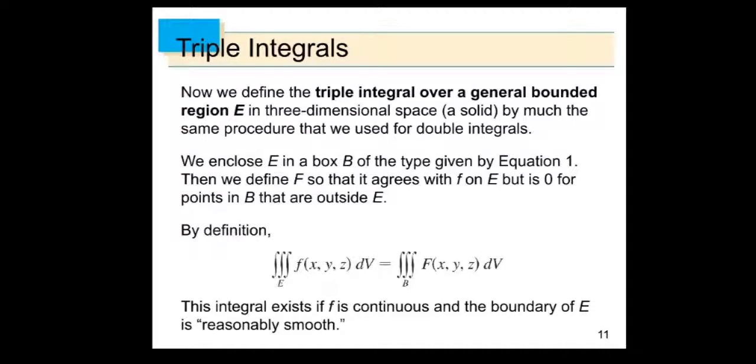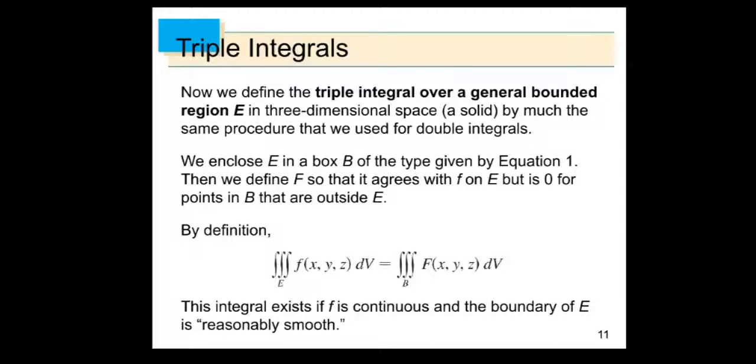Okay, now since we defined the triple integral over a rectangular box, now we're going to talk about the triple integral over a general bounded region E in 3-dimensional space. We will just recall the method that we applied in our double integrals, where we had a shape enclosed in a rectangle.